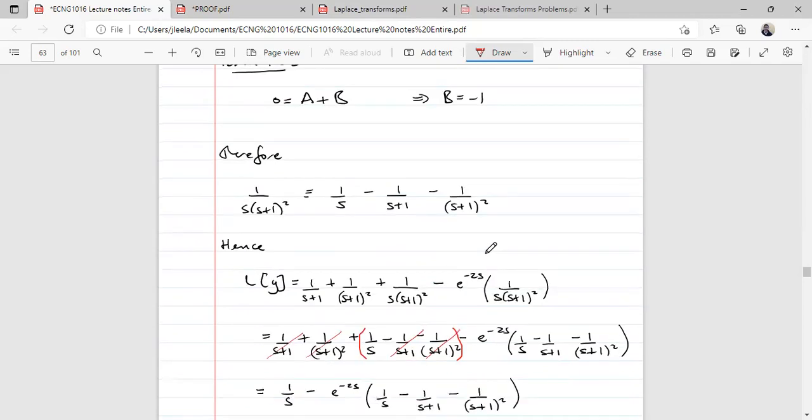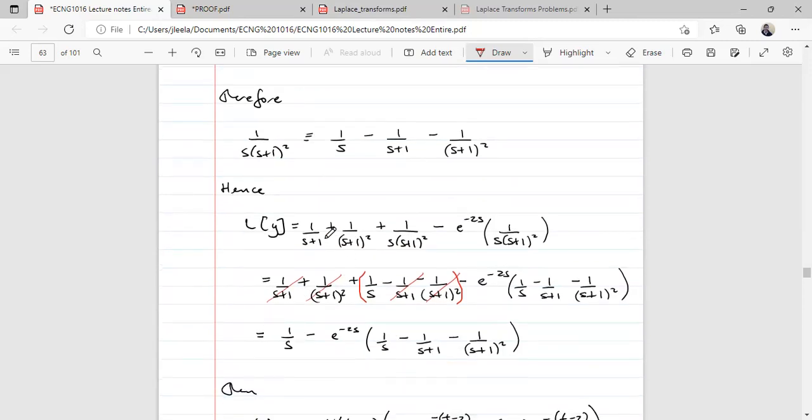Right? So this is what we end up with: 1 over s plus 1, plus 1 over s plus 1 squared, plus 1 over s into s plus 1 squared, minus e to the minus 2s into 1 over s into s plus 1 squared.